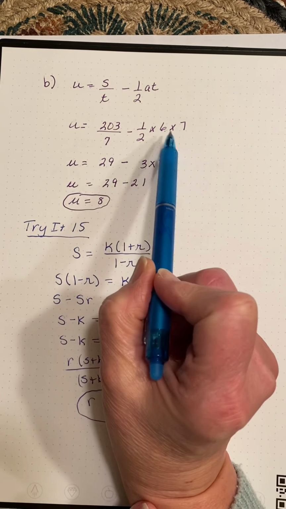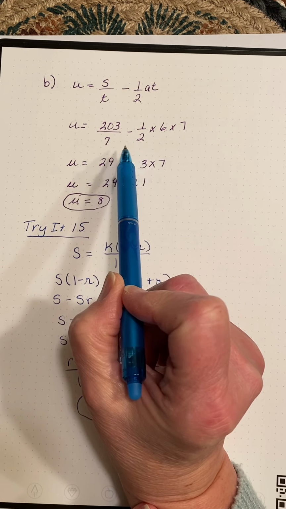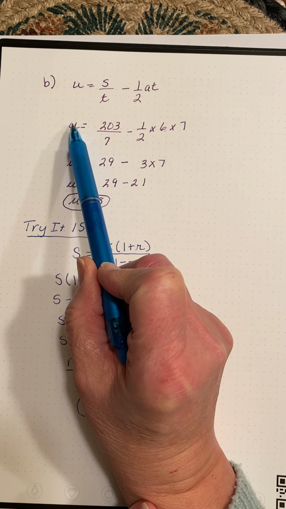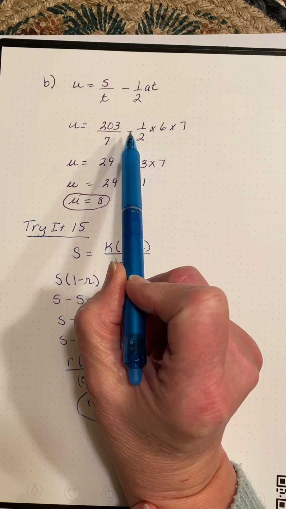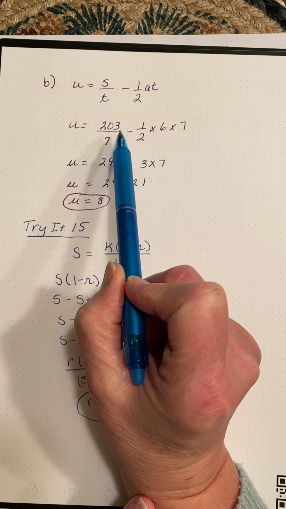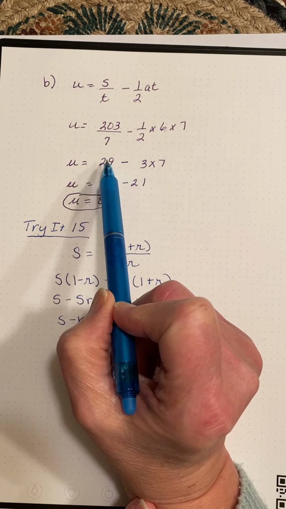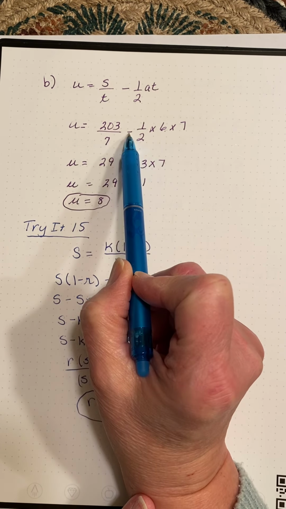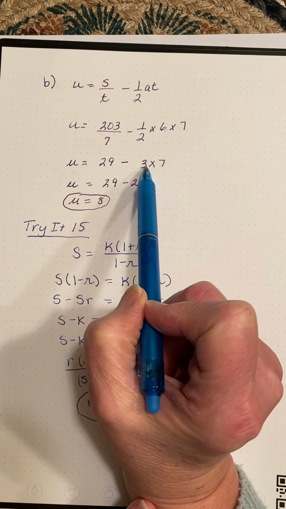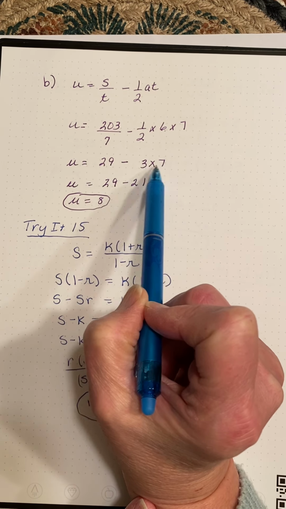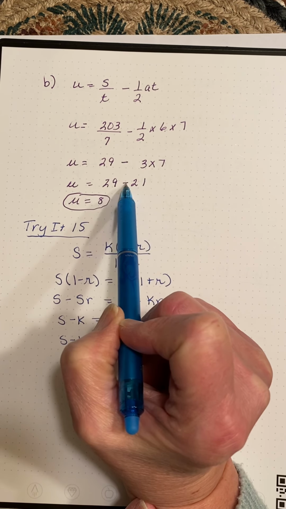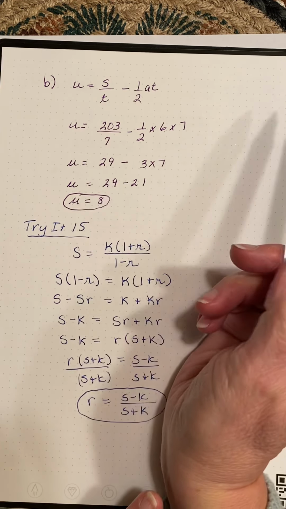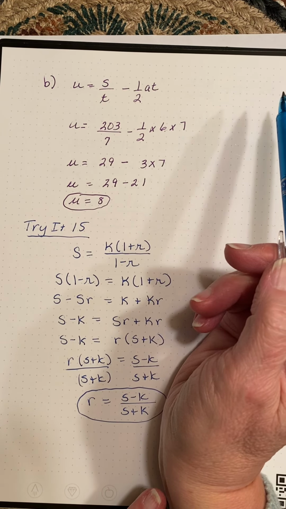So these are the same numbers that we used earlier, but now I'm solving for u. So let's go ahead and do that. I have 203 divided by 7 is 29, minus half of 6 is 3 times 7, which is 21. 29 minus 21, u equals 8. There you go.